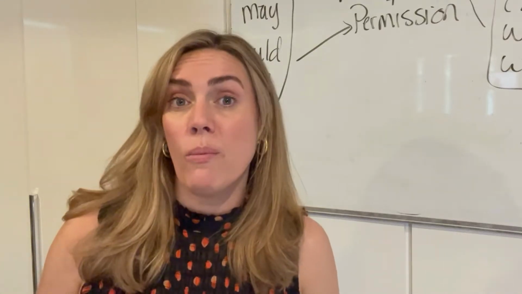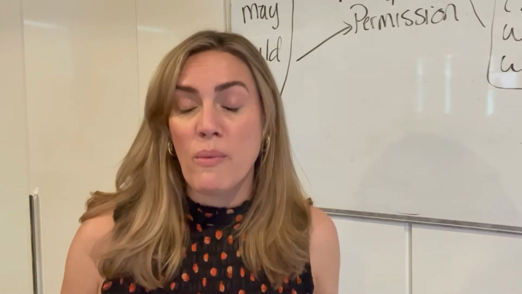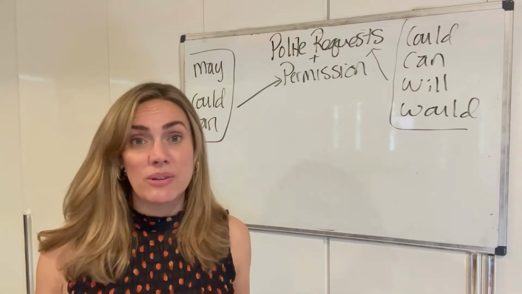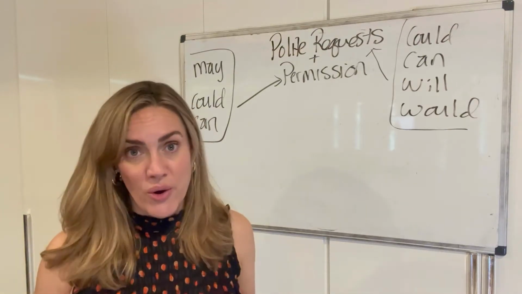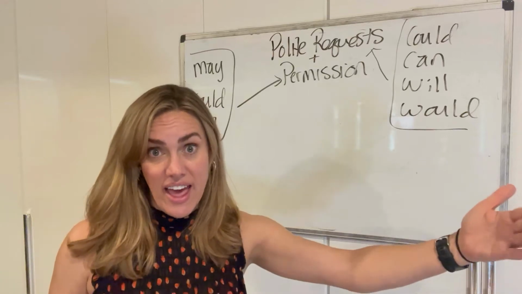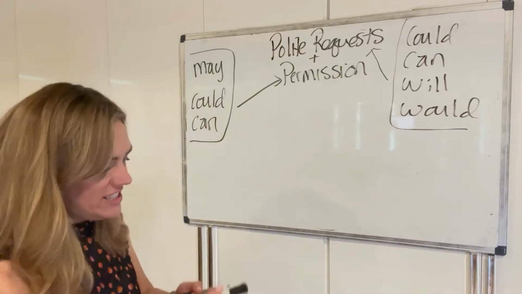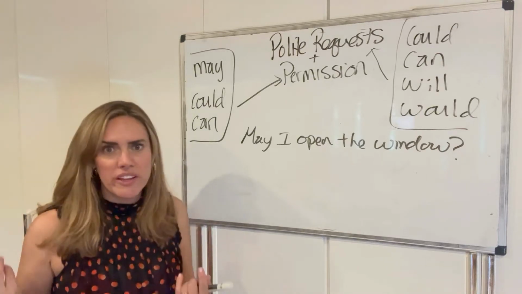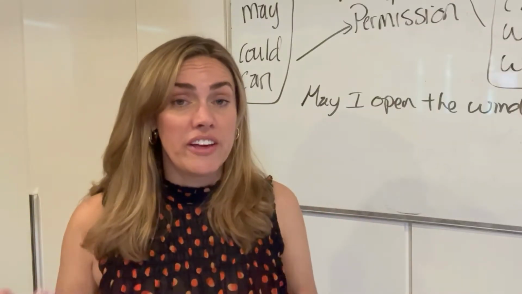Another thing you should know about modals is that they always have to have the base form of the verb after them. In these sentences, I'm actually making questions. So I need to put the base form toward the end, the other side of the sentence. So let's see. May I open the window over there? It's really hot and I just want the air to flow.